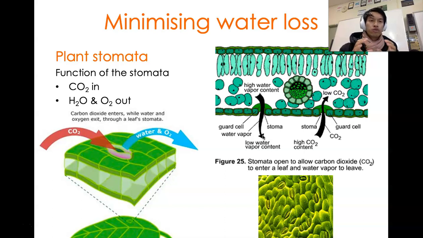However, if it opens too much, then too much water gets lost, because not all of the water gets used up, and some of that water gets lost through the stomata, regardless of how efficient the plant is. So the plant needs to create this balance of making sure that the stomata is open enough for it to grow and survive, but not so much that it loses too much water.